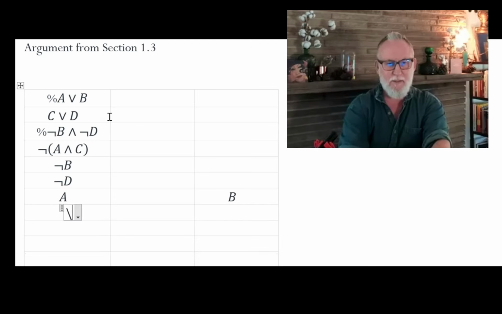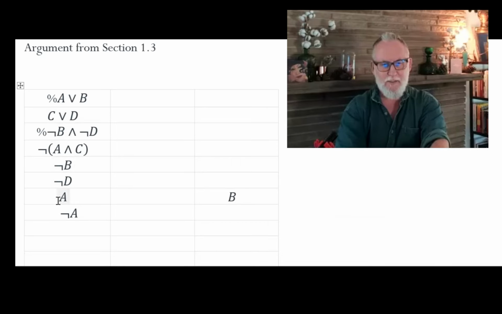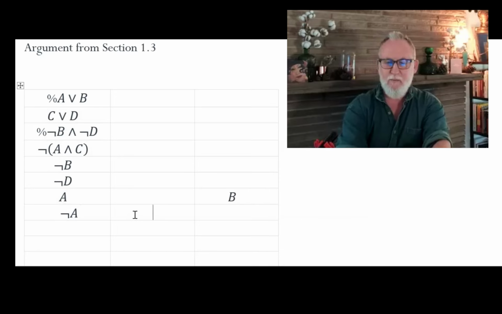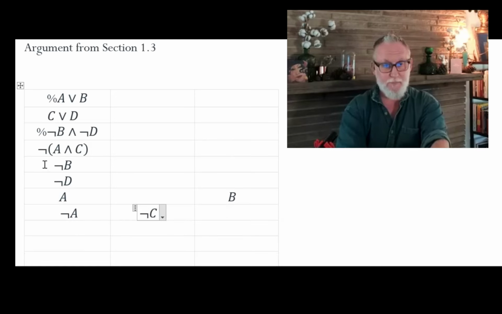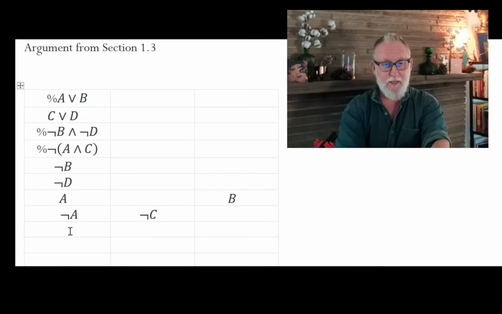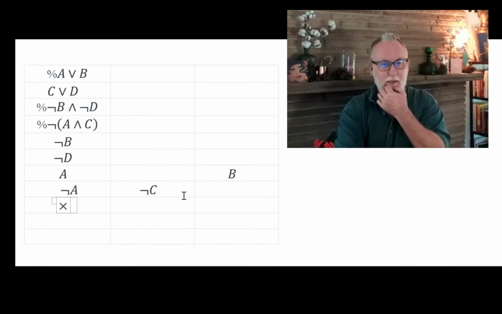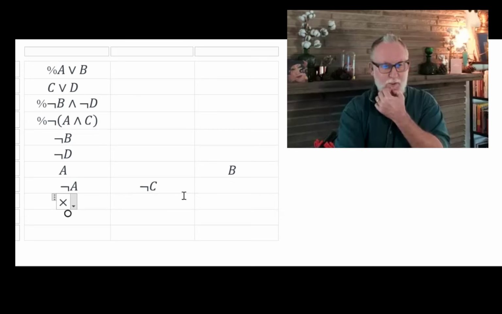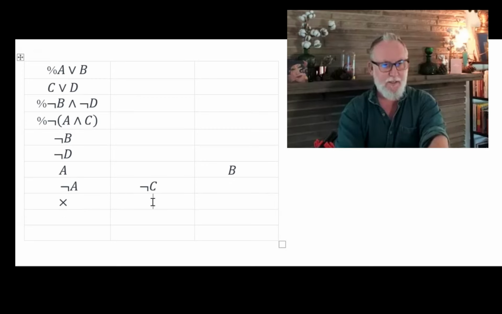Here we're going to get negation of A, and I chose this because I see that this is going to close out quite nicely right there. And then we'll do negation of C. And so that's taken care of, and we can close this out. So that eliminates some entries, I think. But at least that's what came to mind when I was just looking at it.